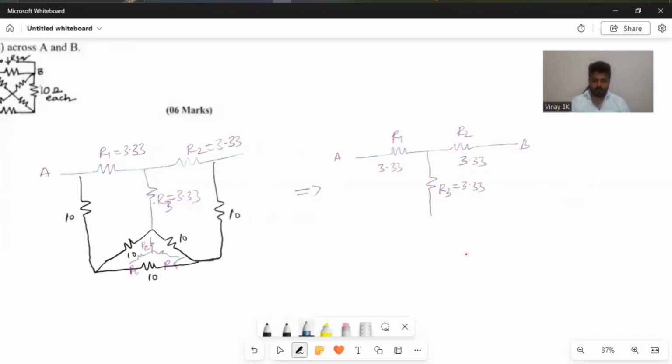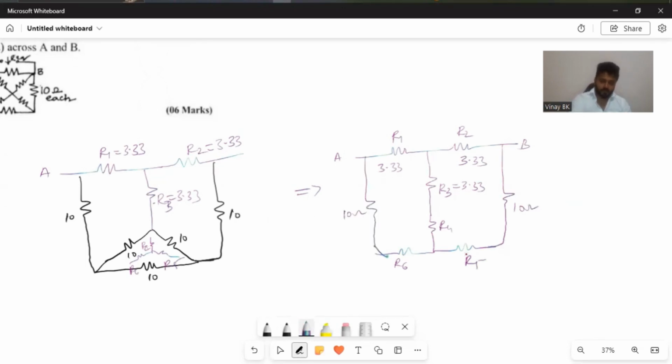So now this R3 is connected in series to R4, and here we have R6, here we have R5. R5 is connected in series to 10 ohm now, and R6 is connected in series to 10 ohm.